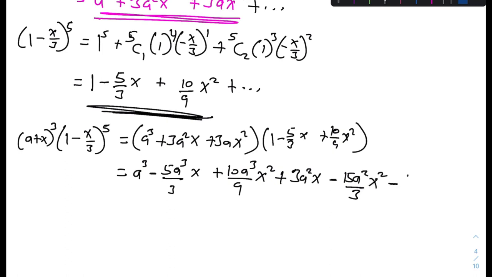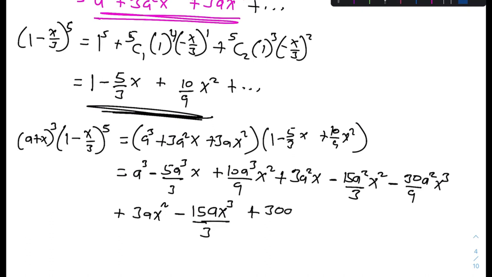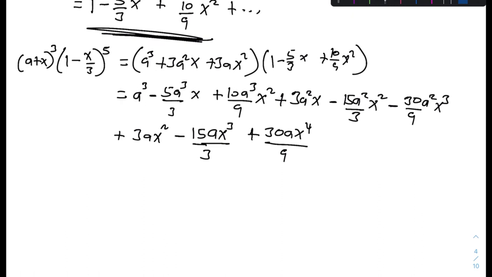Then finally I have minus 30 over 9 a squared x cubed. Right, then I have 3ax squared minus 15a x cubed over 3, then finally plus 30a x to the 4th power over 9. Like I said, we are not interested in the x that is more than a power of 2.